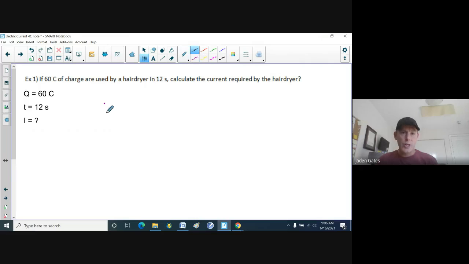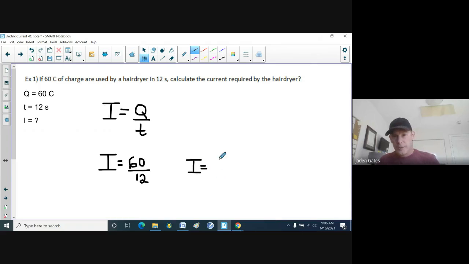I can use that formula we just went through, where the electric current I is equal to Q, the amount of charge, divided by time. So I is equal to 60 on the top and 12 on the bottom. When I take 60 and divide it by 12, I get 5. The hairdryer requires 5 amps.